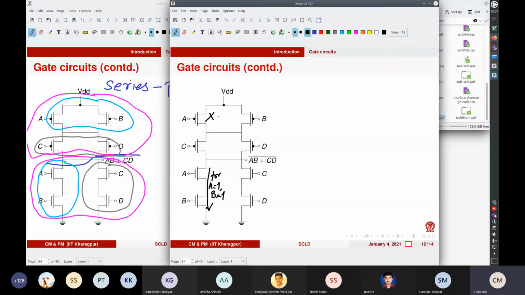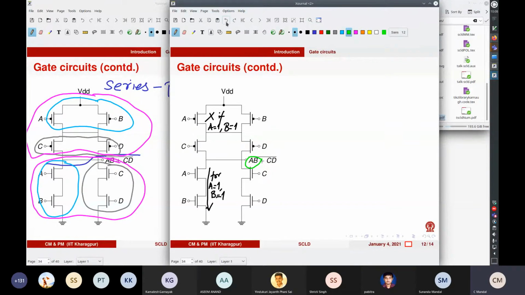If A equal to 1 and B equal to 1, that justifies this part. And you can see that this is symmetric, so it is quite evident that in a similar way this will also be satisfied.